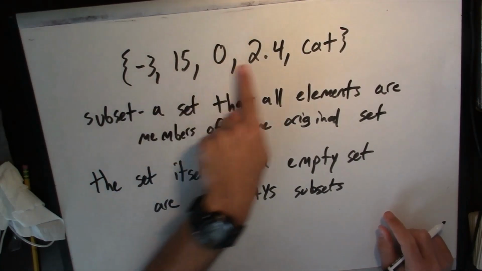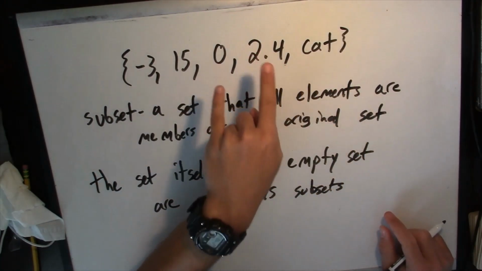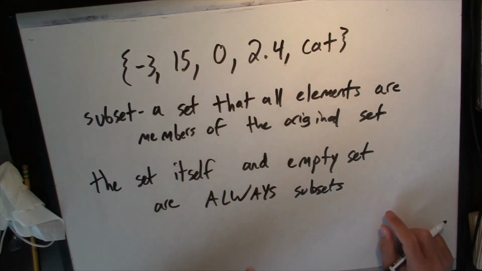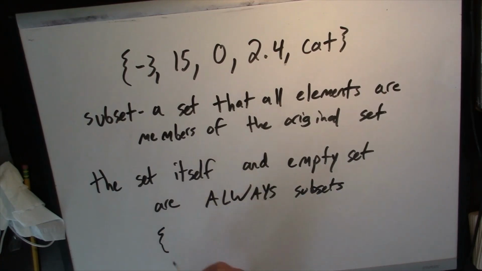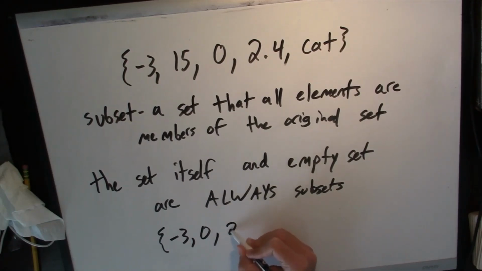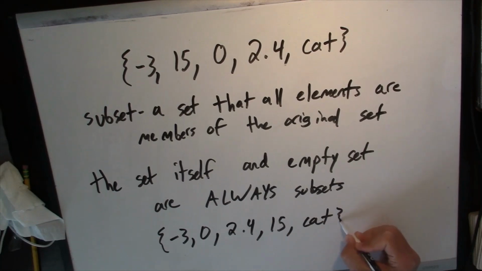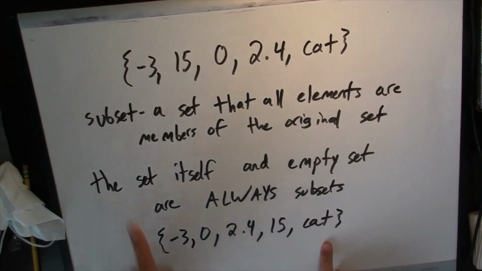So in other words, here's my original set. Now the order does not matter. I could rewrite this in a different order and it's still going to be the same set. Let's put them in order from least to greatest: -3, 0, 2.4, 15, and then don't forget the cat. This is a subset of this set because it's the exact same set.